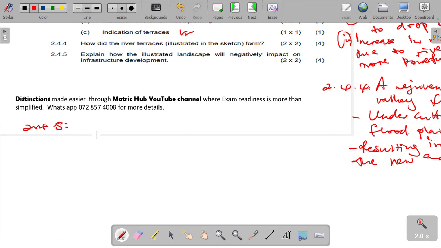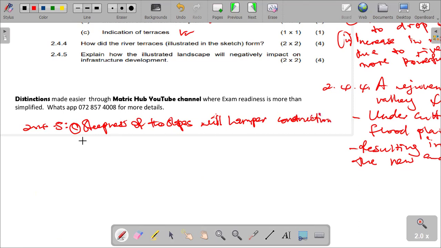So steepness of the slope will hamper construction of what? We are saying one, steepness of the slope will hamper construction of roads.